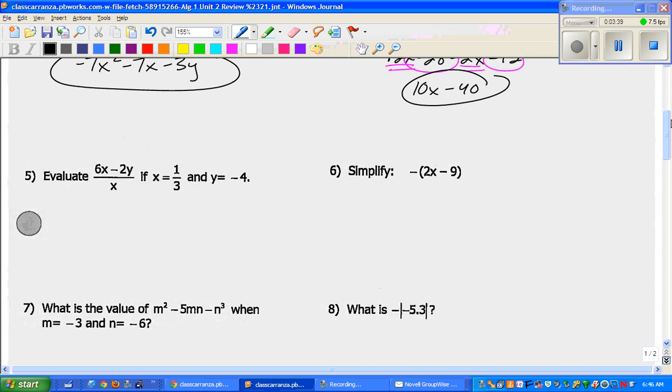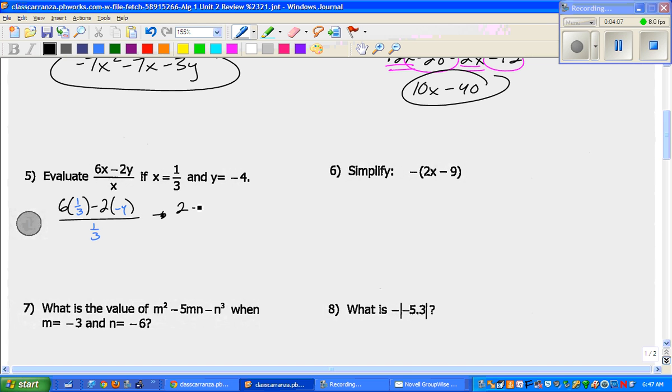All right, number 5, 6x minus 2y, all divided by x, if x equals 1/3 and y equals negative 4. So first thing we're going to do is plug all of these numbers in: 1/3, negative 4, and 1/3. 6 times 1/3 gives us 2.